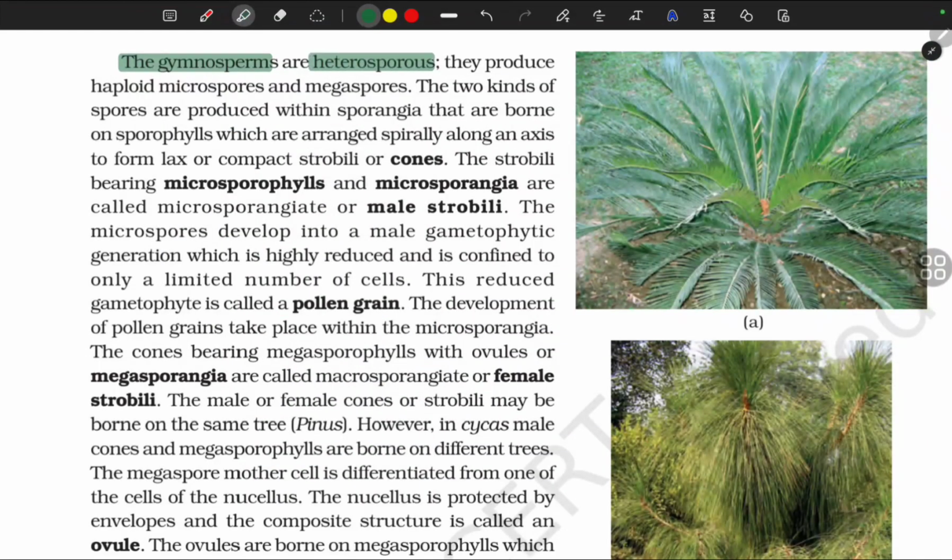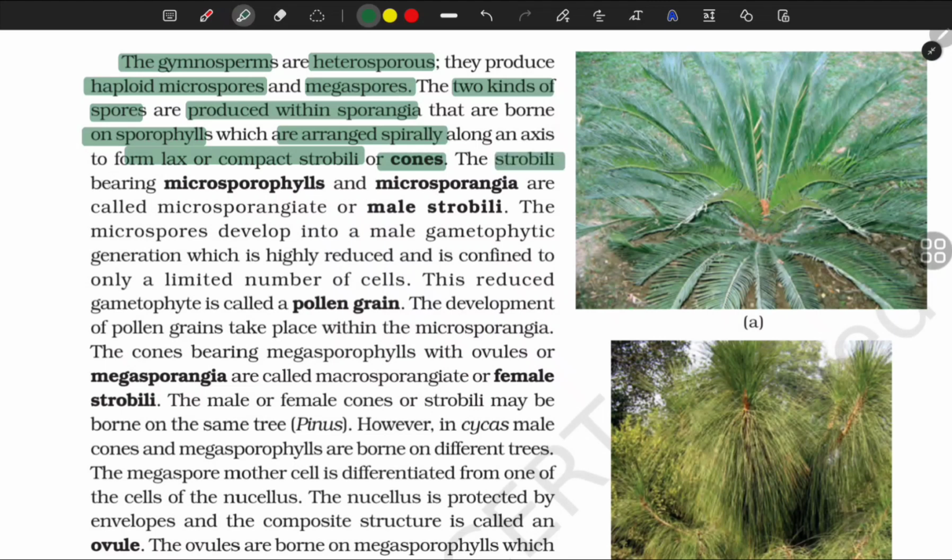Gymnosperms are heterosporous. They produce haploid microspores and megaspores. The two kinds of spores are produced within sporangia that are borne on sporophylls, which are arranged spirally along an axis to form lax or compact strobili or cones.